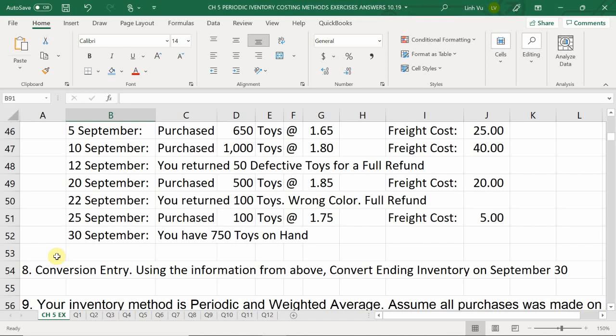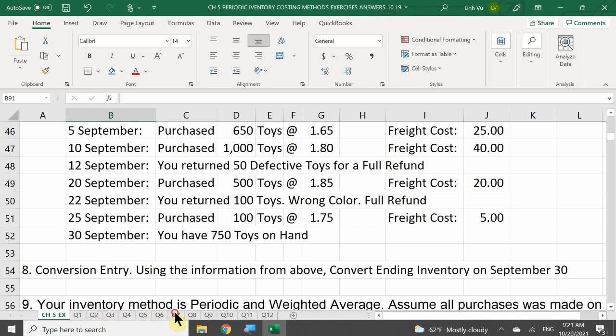So we purchased 100 toys at $1.75 with the freight cost of $5. And here we know that's the last one because it's pretty close to the end of the month. We're also given the scenario here that we have a total of 750 toys left on hand. So let's go ahead and enter in our last value here.